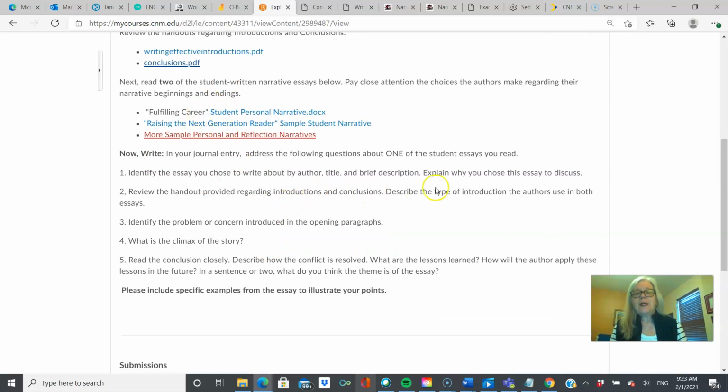Review these handouts and describe the type of introduction the authors use in one essay. I'm going to change that. Identify the problem or concern introduced in the opening paragraphs. What is the climax of the story? And read the conclusion closely. Describe how the conflict is resolved. What are the lessons learned? How will the author apply these lessons in the future?